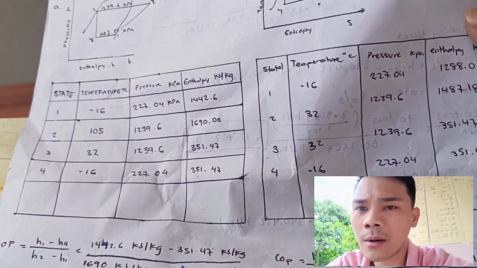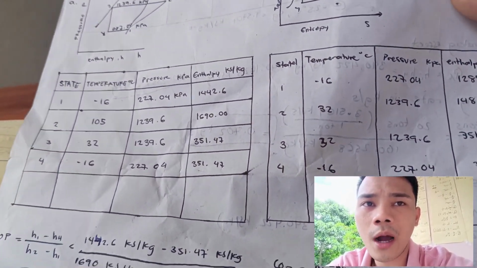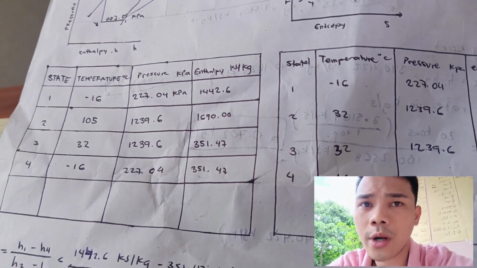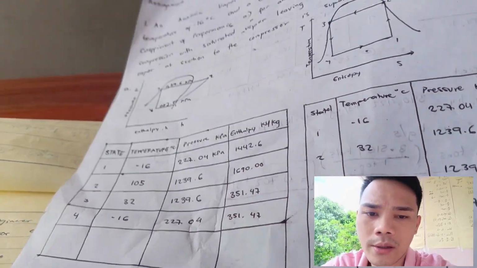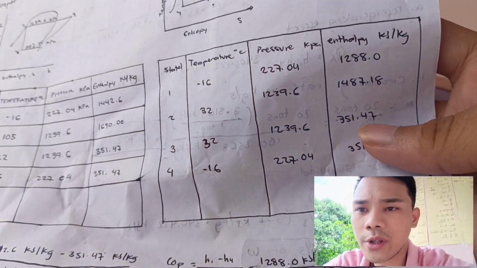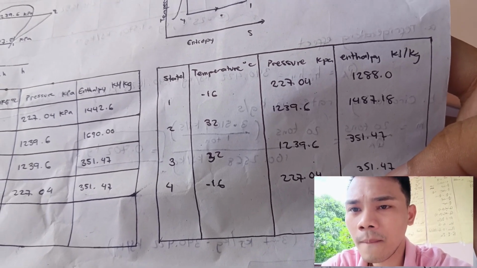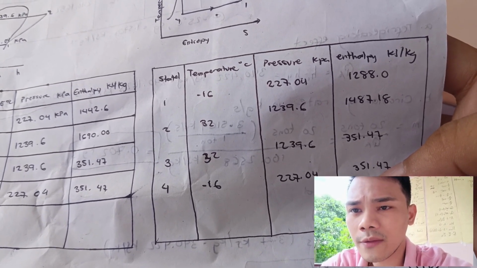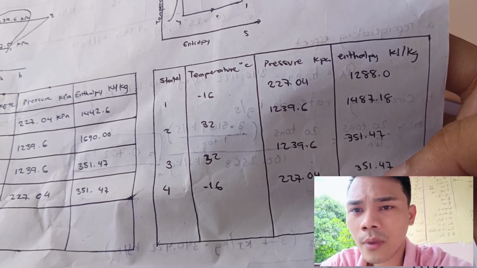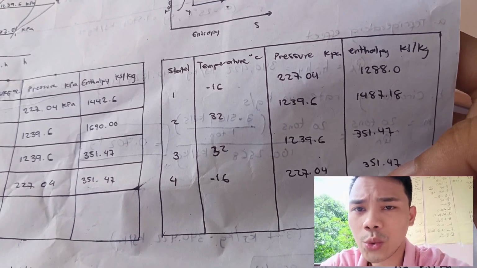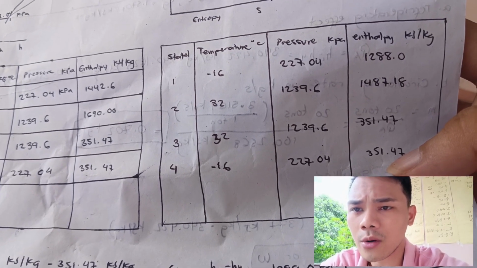In part B, we are looking for the COP for compression with saturated vapor leaving the compressor, and again we use the ammonia table. In state 1 we have negative 16 degrees Celsius, pressure is 227.04 kilopascal, enthalpy is 1288.0 kilojoules per kilogram.